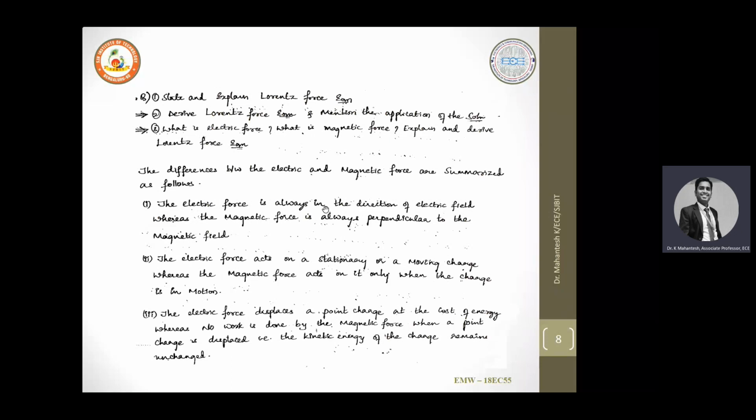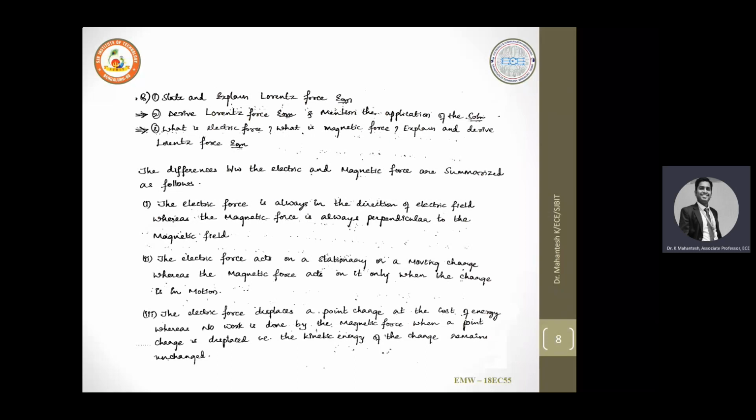The electric force acts on both a stationary and a moving charge, whereas the magnetic force acts only when the charge is in motion. The electric force displaces a point charge at the cost of energy, whereas no work is done by the magnetic force when a point charge is displaced, that is, the kinetic energy of the charge remains unchanged.